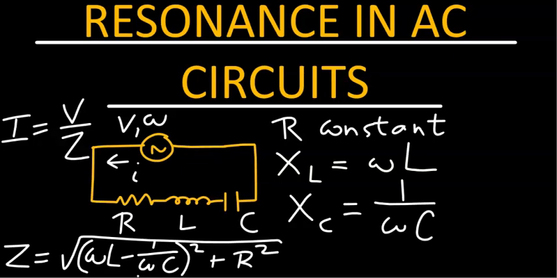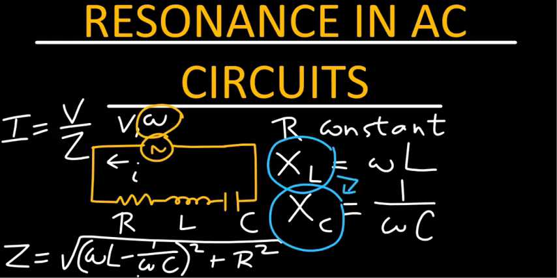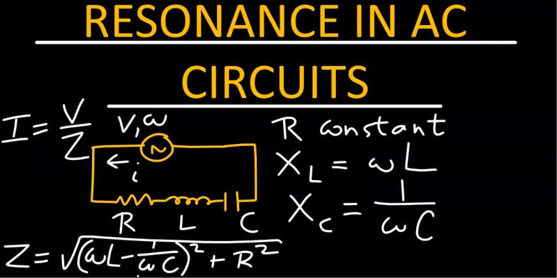We see that as we vary the angular frequency, X sub L and X sub C will also change. The changes of these two quantities would directly impact the value of impedance. That means that would also impact the value of that current amplitude. So what we have here is the current amplitude is also a function of that omega.